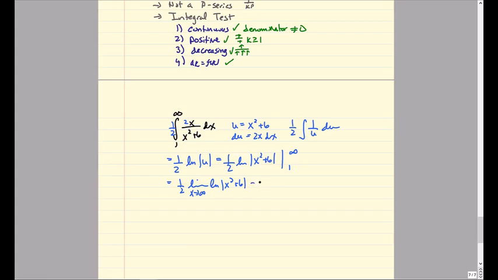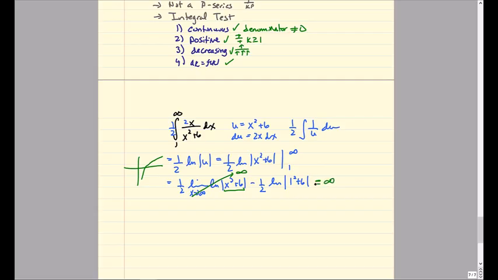That's my upper minus my lower: 1/2 natural log absolute value of 1 squared plus 6. So what ends up happening is this limit goes toward infinity. This x squared plus 6 goes toward infinity, and the behavior of the natural log graph, if you'll recall, was something like this. So as x is going toward infinity, the y value is going towards infinity as well. So I have infinity times 1/2, which is just going to be infinity.